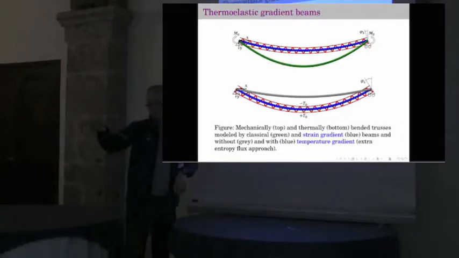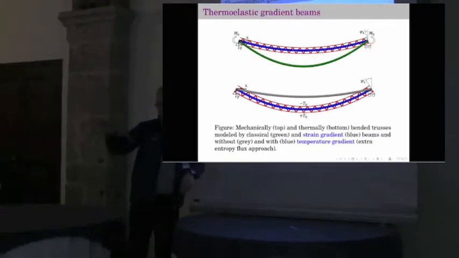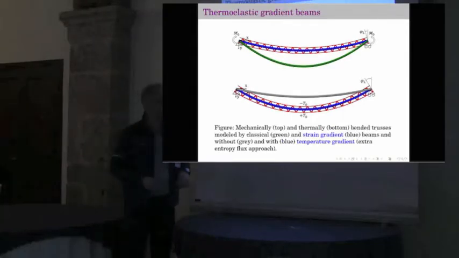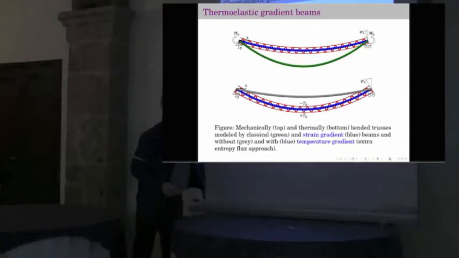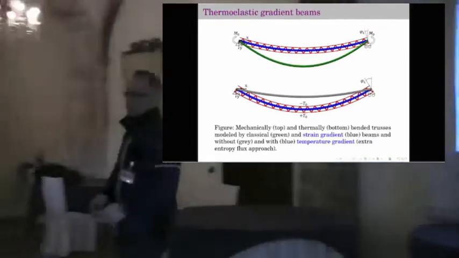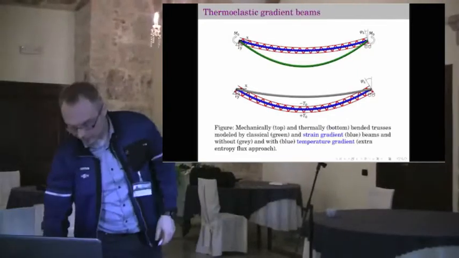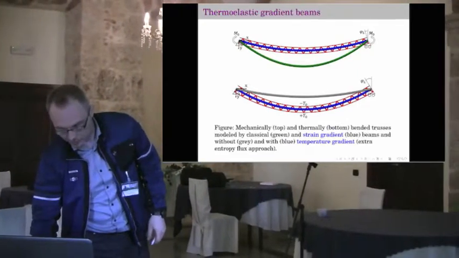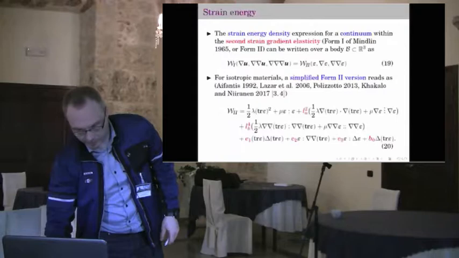Clausius-Duhem, there are people who have studied this problem. We are citing you, don't worry. But when we use the temperature gradient, then we really are able to capture the behavior correctly. And this was quite surprising, actually. But I don't have anything about that.